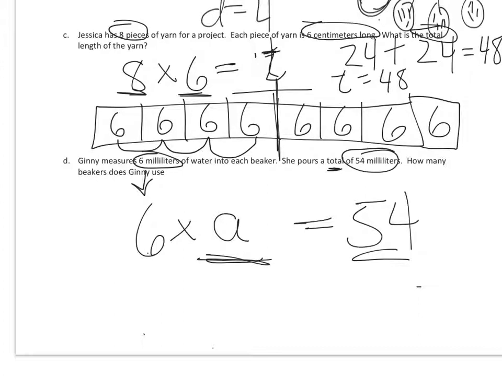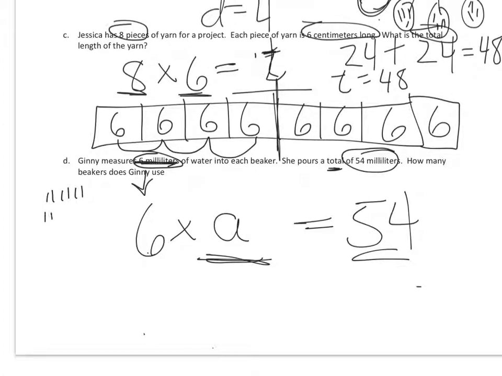So now over here I'm going to make little rows of 6. 1, 2, 3, 4, 5, 6. Okay, there's 6. That is 6 milliliters. We're going to count by 6s, or by 1s, but 6 in a row, to see how many rows we end up with.